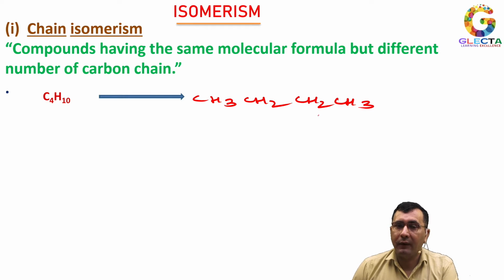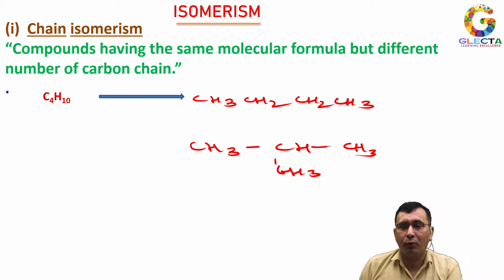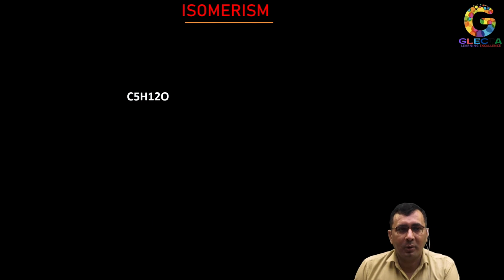This is butane having molecular formula C4H10, and we can also draw CH3, CH, CH3, CH3, 2-methylpropane. So these two compounds have the same molecular formula but the number of carbons in the main chain, in one it is 4 and in the second compound it is 3 carbon main chain.